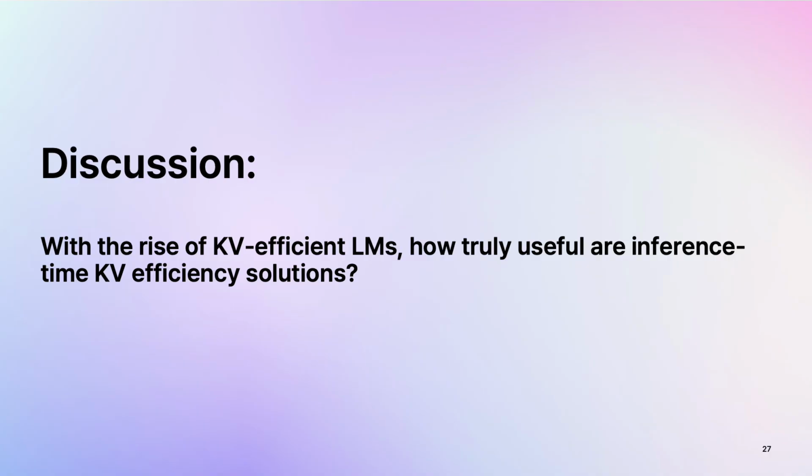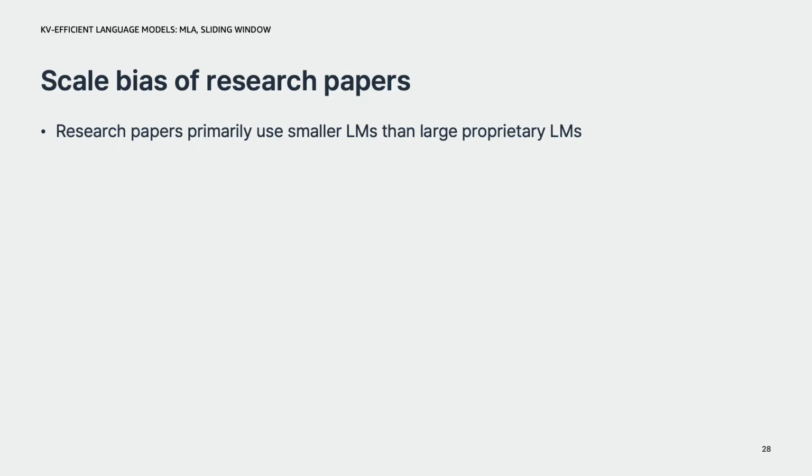So MLA and sliding window attention are only a few examples of KV efficient language models. And the main point I want to raise in this talk is that with the rise of KV efficient language models, how truly useful are inference time KV efficiency solutions? And this is a little side note, but I believe there may be a scale bias in research papers.